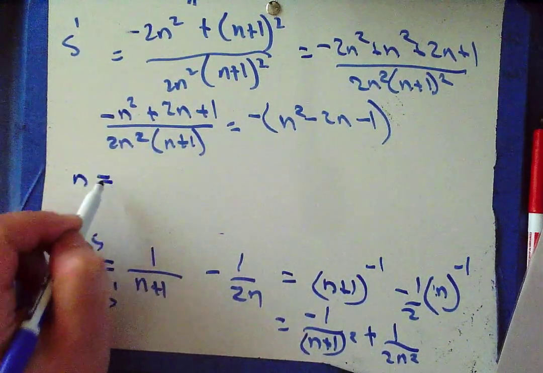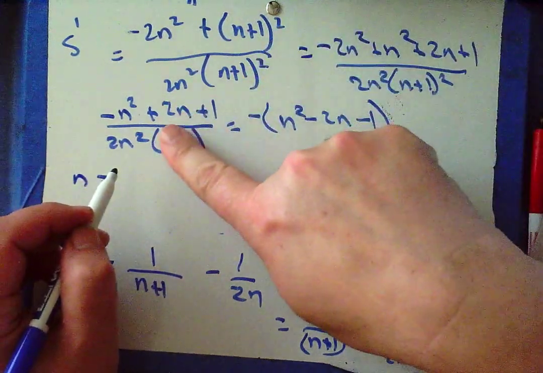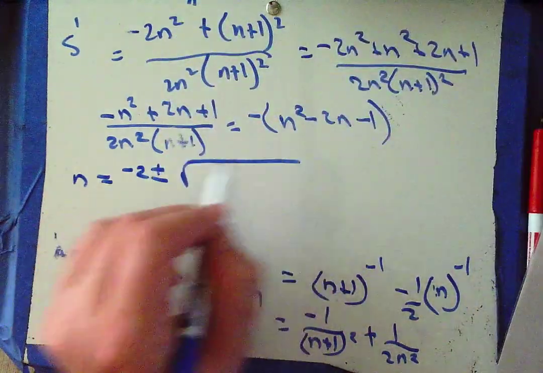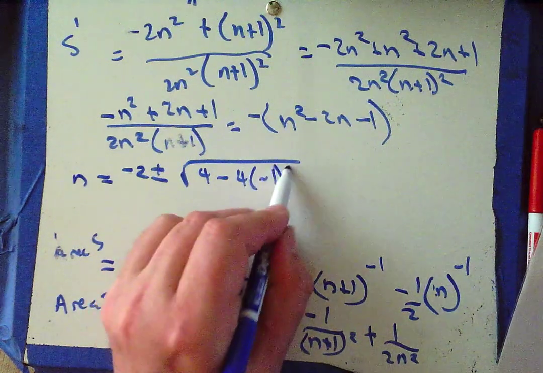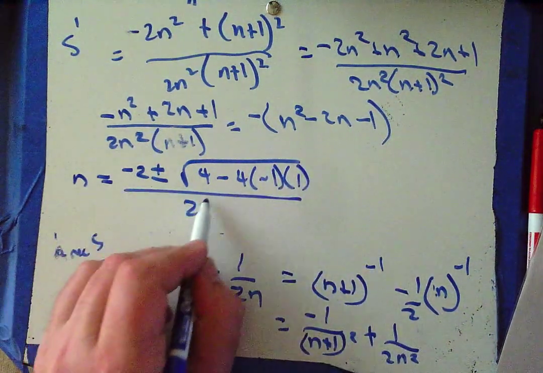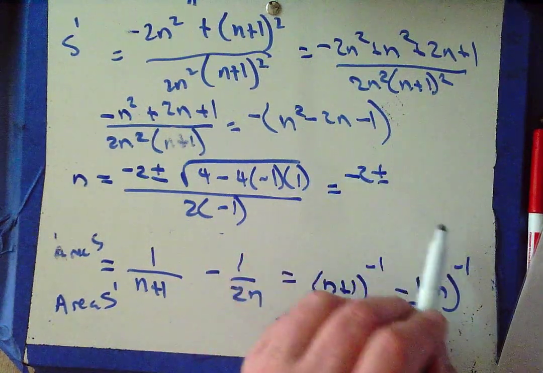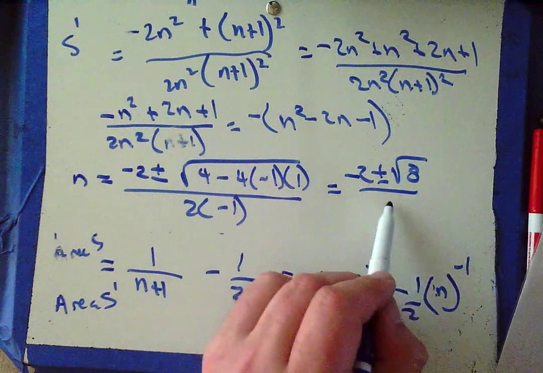So n equals negative b, negative 2 plus or minus the square root of b squared minus 4ac, all over 2a. So I got negative 2 plus or minus the square root of 8 over negative 2.